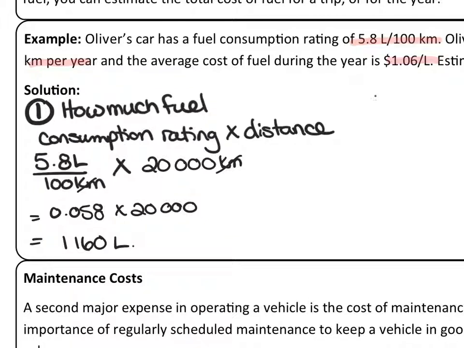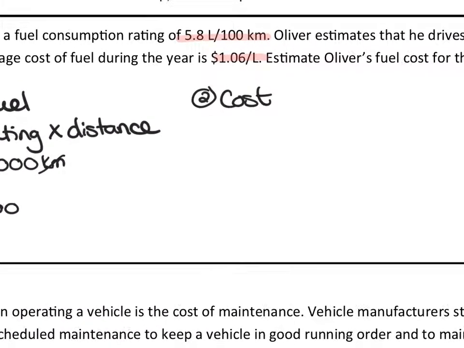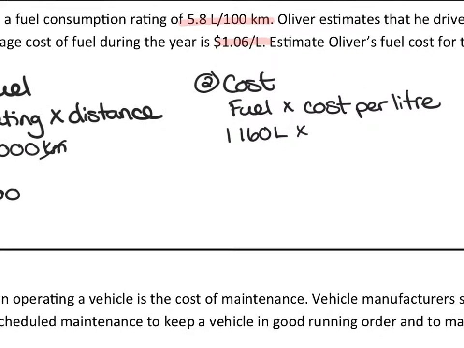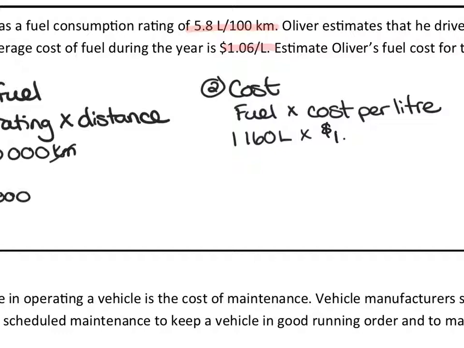So the second part is to figure out the cost. Now, all you're going to do to figure out the cost is the amount of fuel that he's used times the cost per liter. So he used 1,160 liters, and our approximate cost for the year was $1.06 per liter.